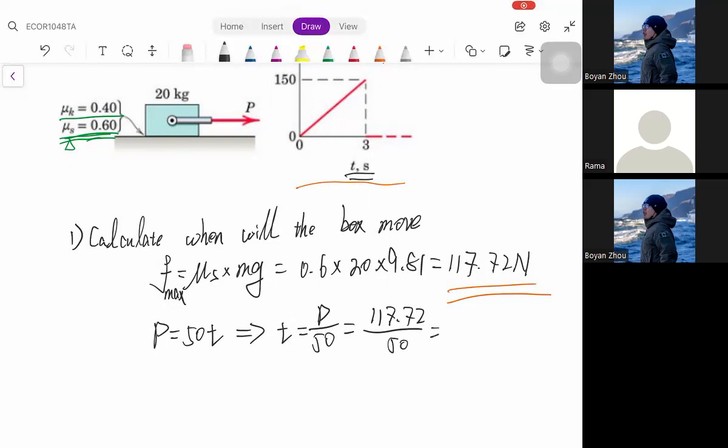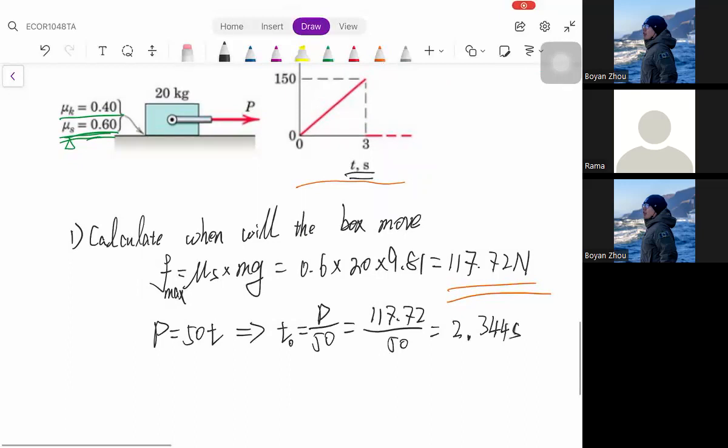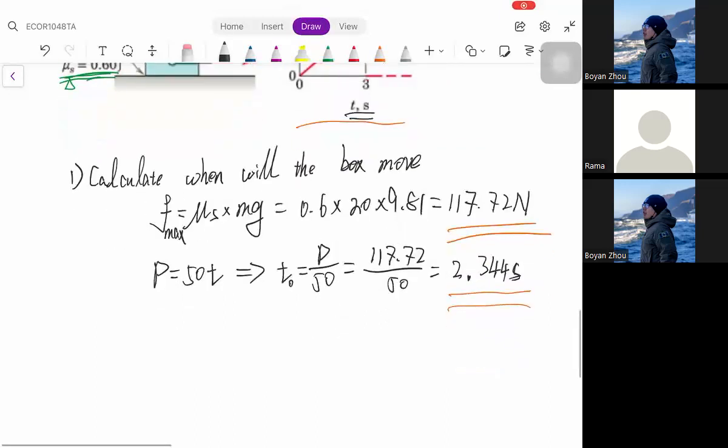That gives us T naught equal to 2.344 seconds. So from here, we know that the box is not going to move until 2.344 seconds. After this second, the box is going to move.